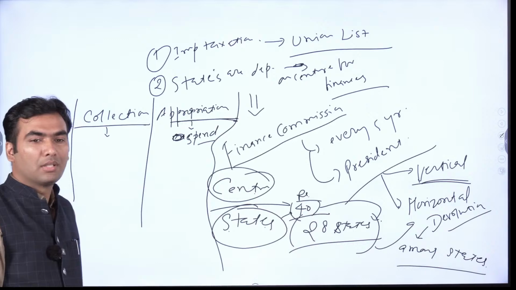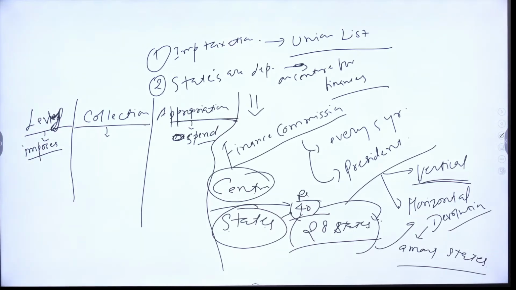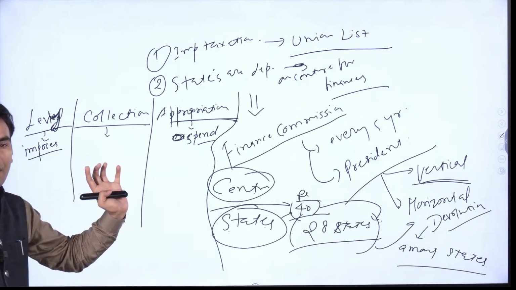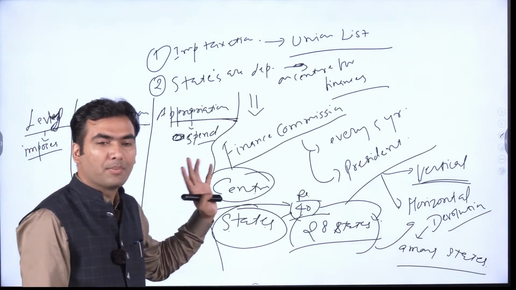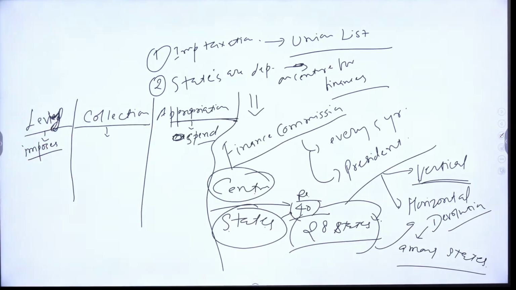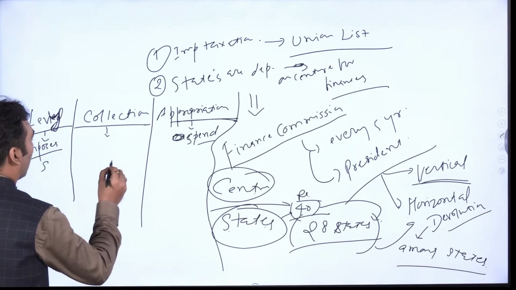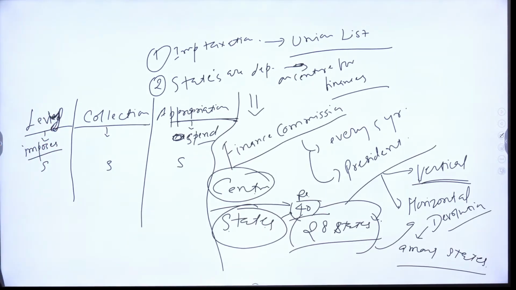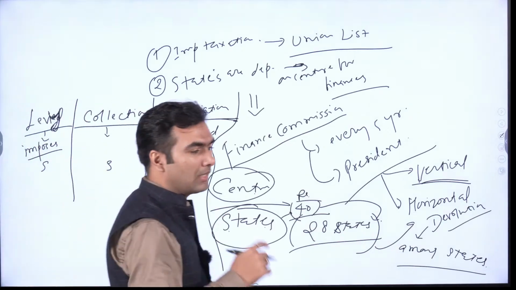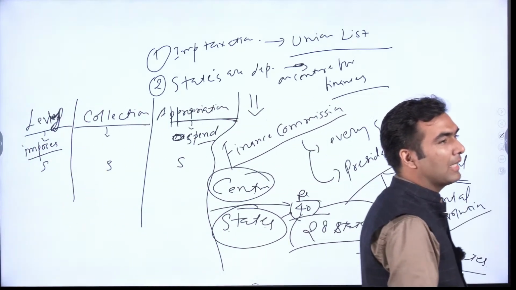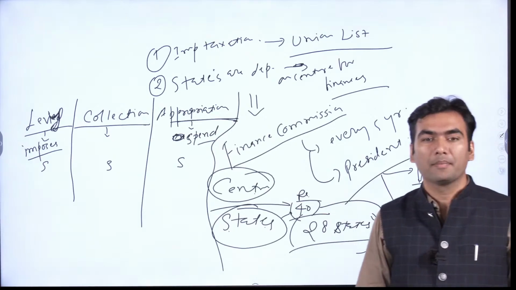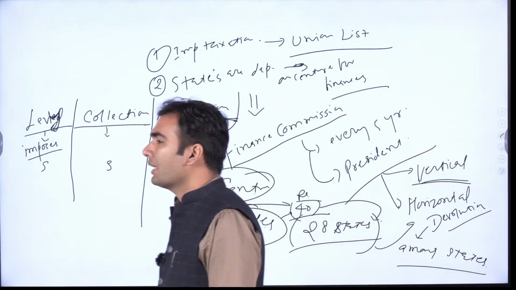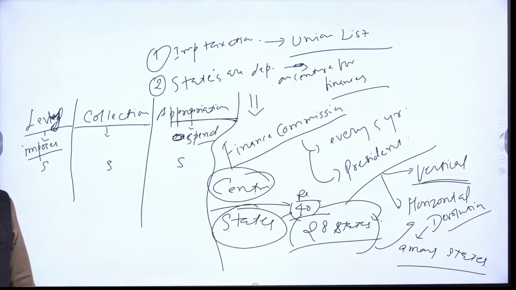So these are the three terms that you will come across in our constitution: tax levied by center, collected by center, appropriated by a state. So the first possibility is various taxes which are levied by a state, collected by a state, and appropriated by a state. Can you give some example? Which are the taxes which are levied, collected, and appropriated by a state? For example, earlier there used to be sales tax.